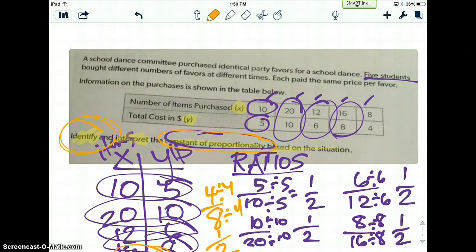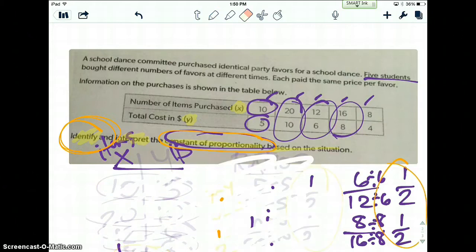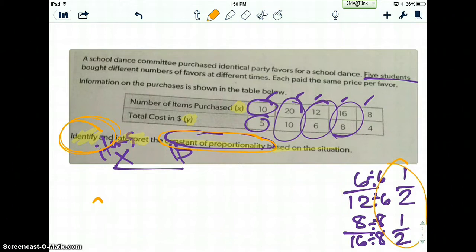So I have identified that constant ratio that shows up in my proportional relationship, which is 1/2. So I'm going to say in example 1 that my constant of proportionality is 1/2.